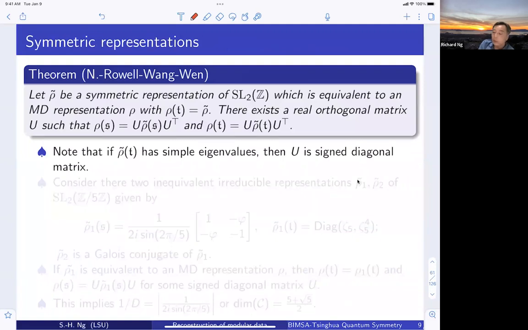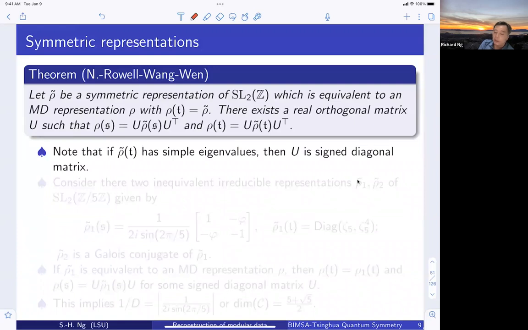So there exists a real orthogonal matrix U such that they are conjugate, both S and T conjugate simultaneously. Because both of them are diagonal, I can make both rho T and rho tilde T the same. Then U will just commute with the rho T matrix.